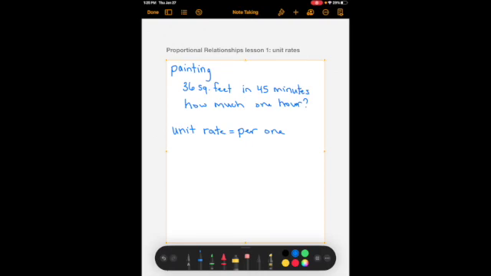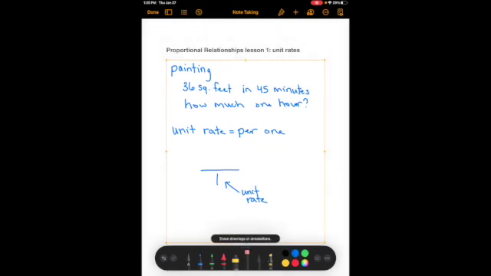We can talk about unit rates in a number of different ways, but the important thing to remember is that when you're writing out a unit rate as a fraction or as a ratio, the bottom number is always going to be 1. The label or the term that you're using could be different, but the bottom number is always going to be 1. This indicates that it is a unit rate.